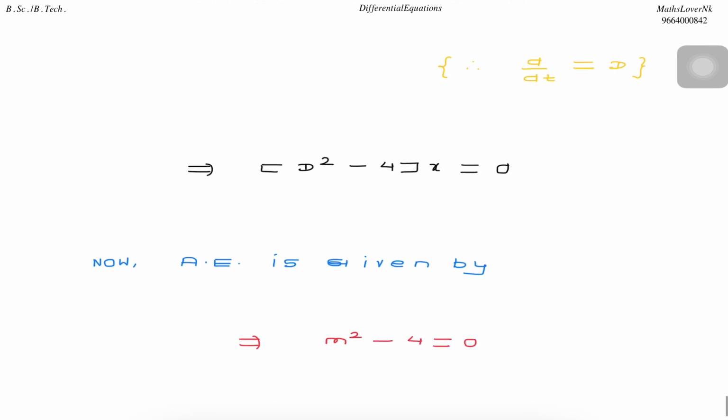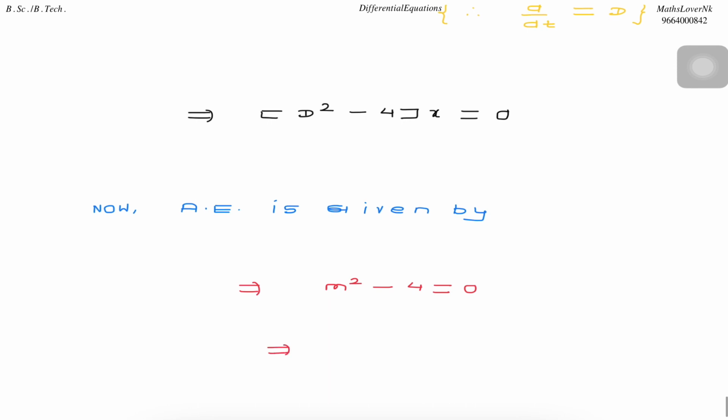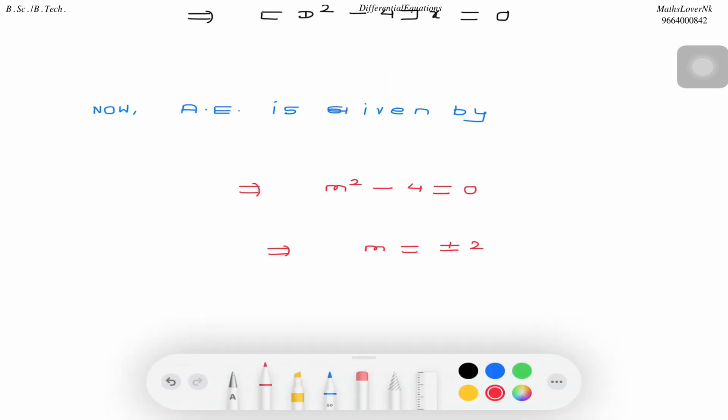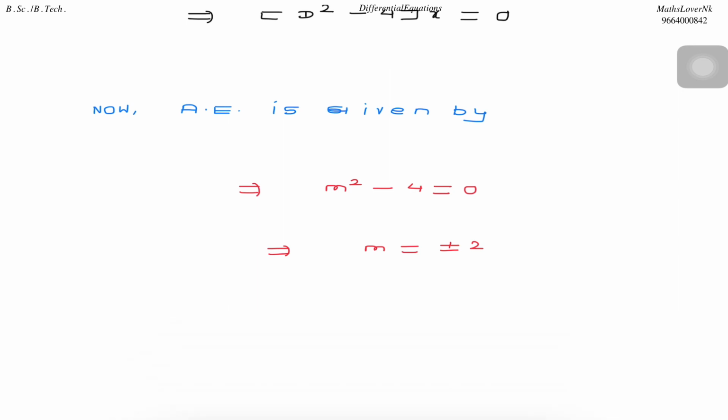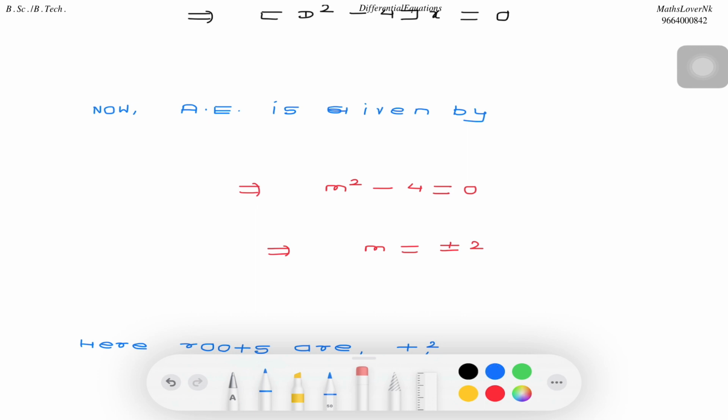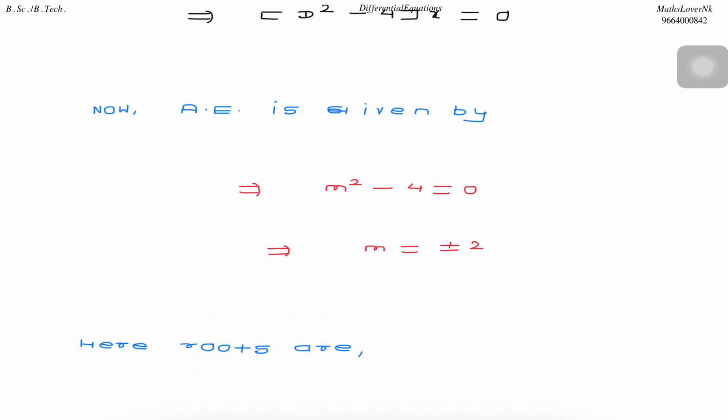From here we get m is equal to plus minus 2. Here the roots are plus 2 and minus 2.